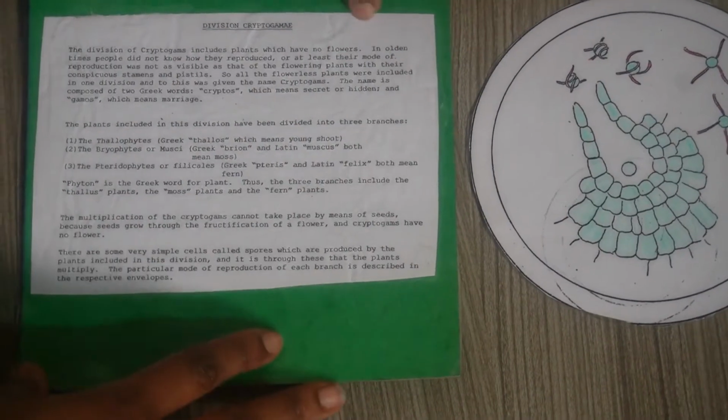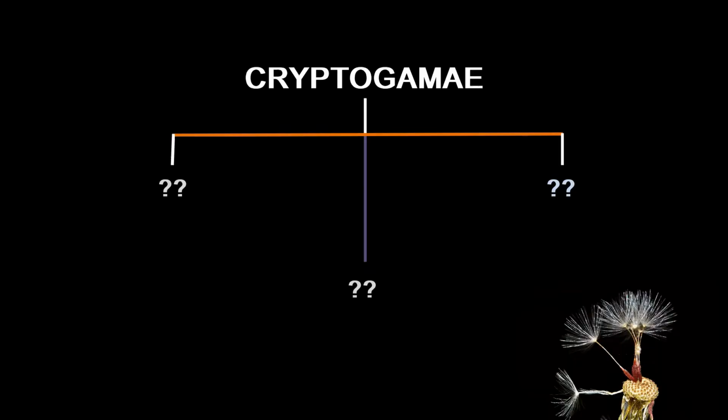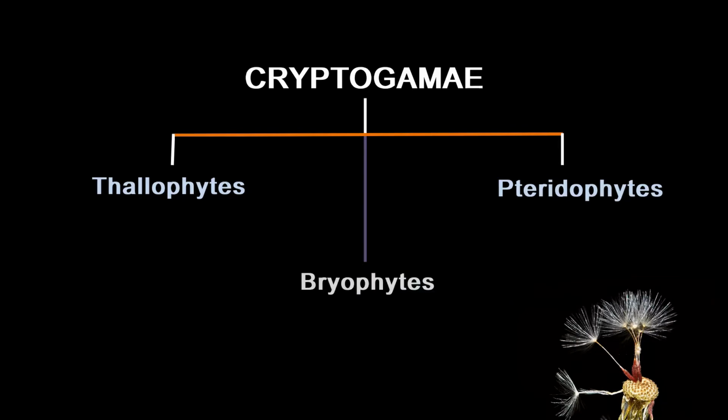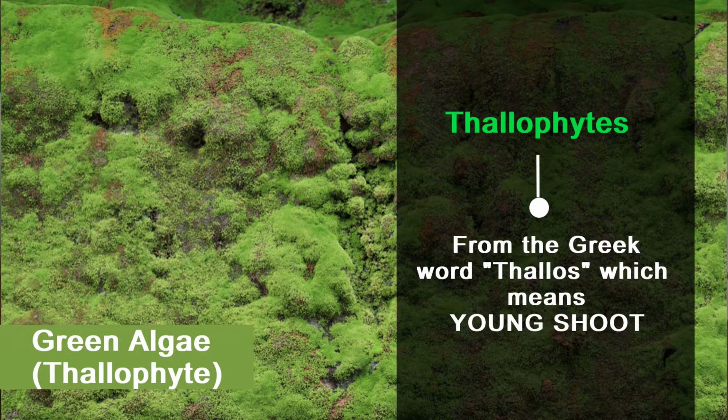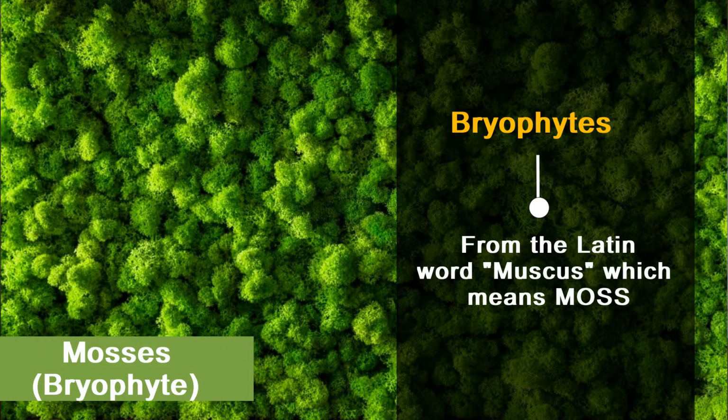Like all our other subdivisions, Cryptogamae is further subdivided into thallophytes, pteridophytes, and bryophytes. The thallophytes, from the Greek word thallos, means young shoot. The bryophytes, or musci, from the Greek bryon and Latin muscus, means moss.